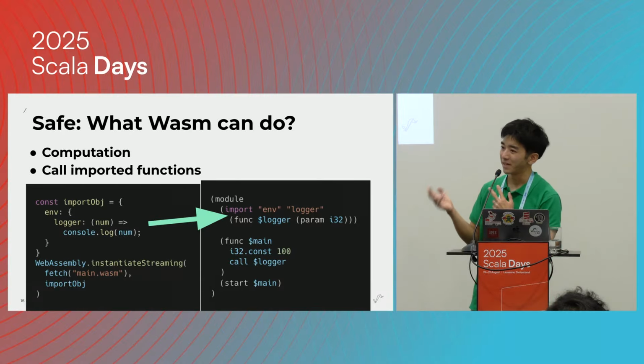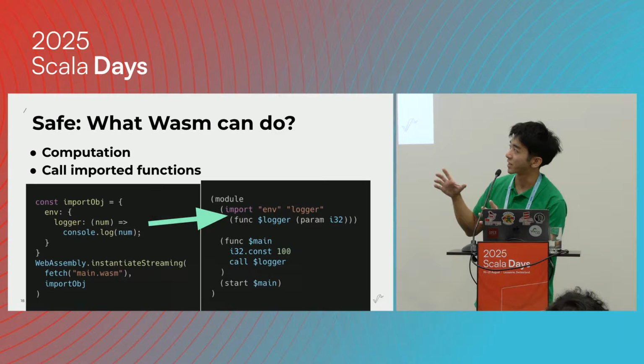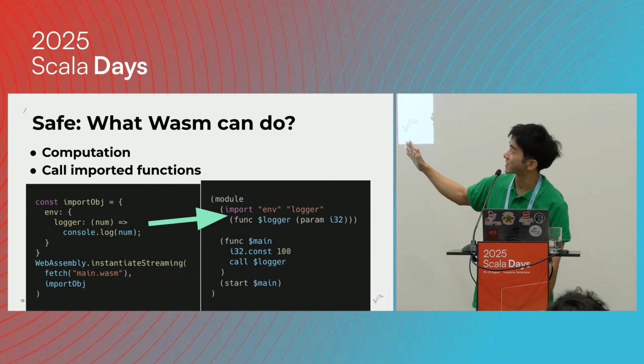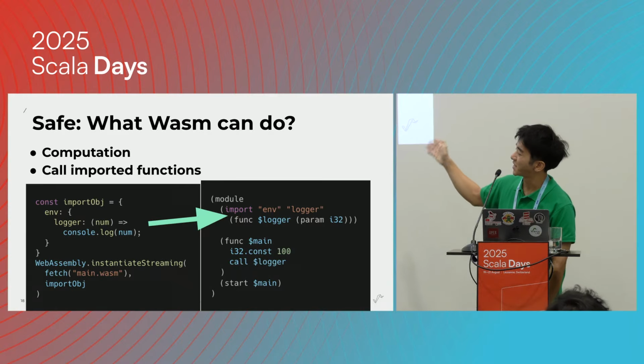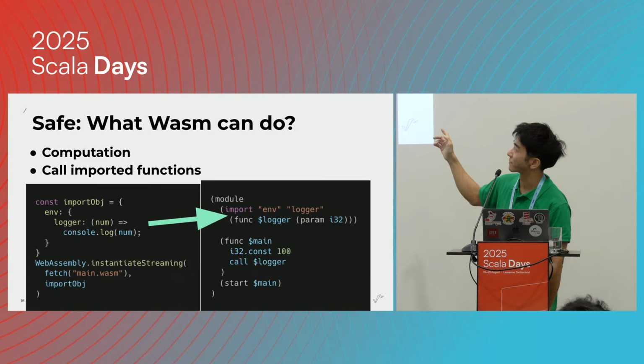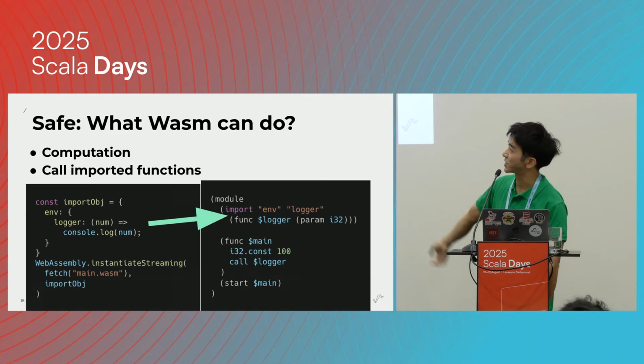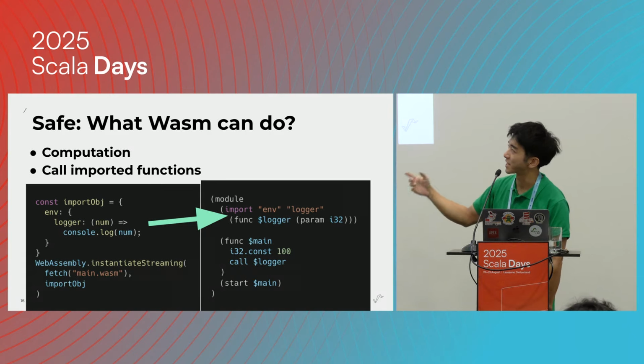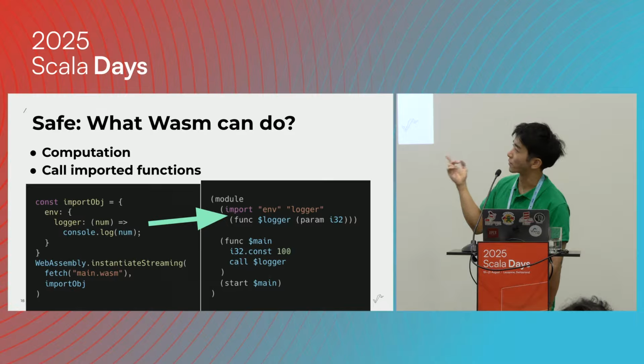WebAssembly has an interesting feature: importing functionality from the host environment. For example, this right-hand side is a WebAssembly program text format, and it imports the logger function that takes a 32-bit integer. And the left-hand side is a host environment, in this case JavaScript, and it provides a logger function implementation using console.log.